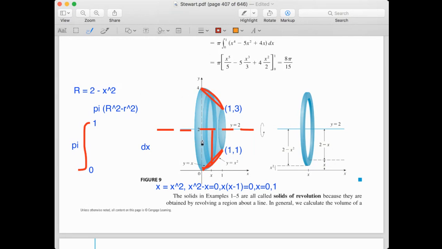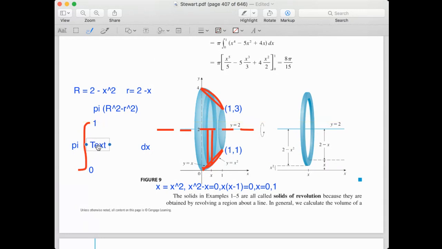Then let's see the inner r. The inner r is from 2 up to this straight line, y equals x. So let's write the small r. Small r equals 2 minus x. So let's use this formula, pi times big R squared minus small r squared. So leave pi outside. Now we have our integrand.